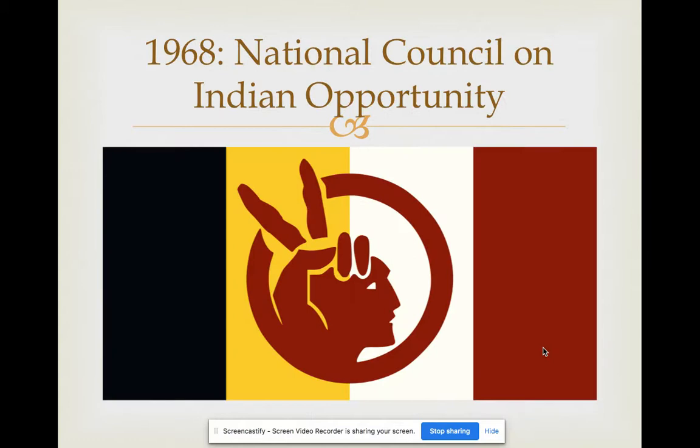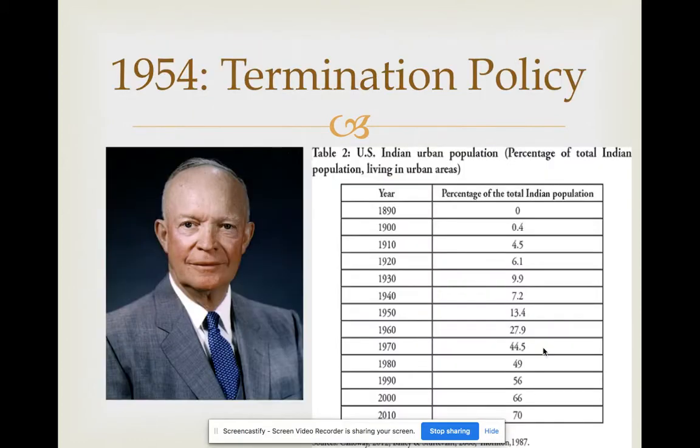And so because of that, by the time you get into the 60s, in 1961, a document called the Declaration of Indian Purpose was released. If we go back to this slide, it was against the termination policy. It was basically saying this needs to stop, this needs to end. And yes, they purposely called it the Declaration of Indian Purpose to make it sound like the Declaration of Independence, to get our attention.